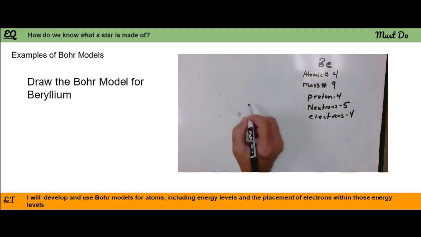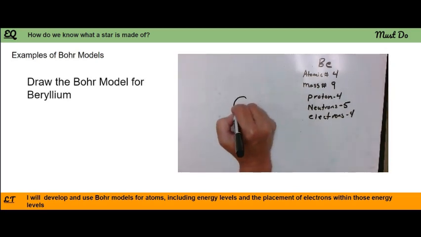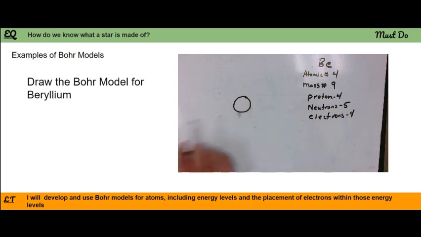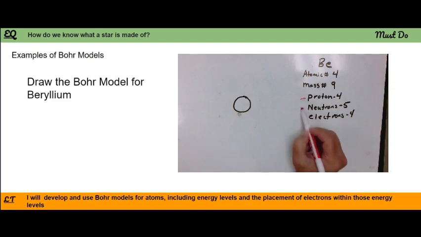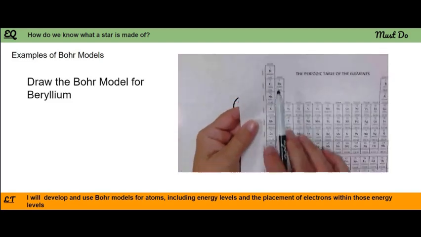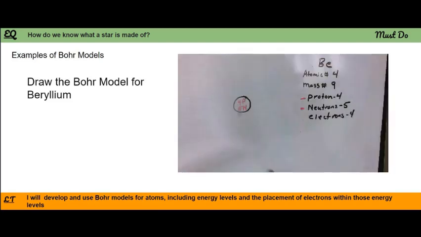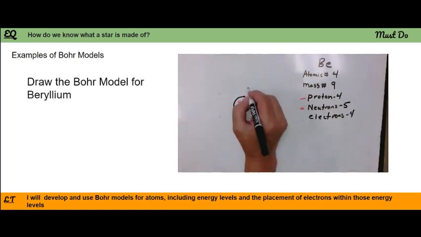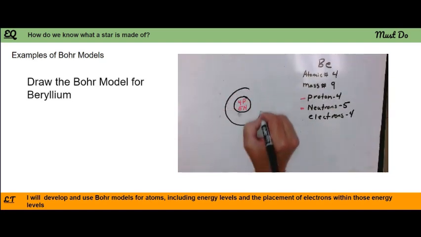So if I draw my center, that's my nucleus, and my nucleus contains the protons and the neutrons. I have 4 protons and 5 neutrons. According to the periodic table, I have 2 energy levels, so I'm going to draw 2 circles.